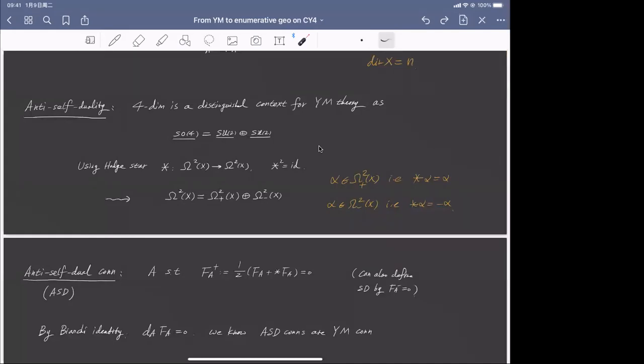I will mention why it's so important to study Yang-Mills theory. And regarding your question, through my talk I want to convey the thinking of how to set up and think about the theory by ourselves.